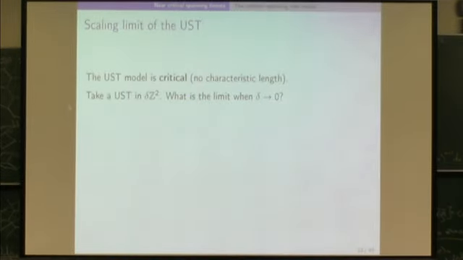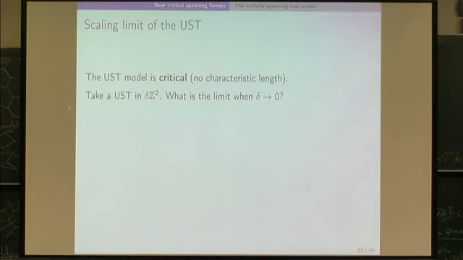Okay, so now we have a uniform spanning tree on some lattice, and we want to take a mesh size on this lattice and let the mesh size go to 0. Let me just say that the uniform spanning tree, even if it's not obvious because there is no parameter in the system, has the properties of a critical system. For example, there is no characteristic length for the uniform spanning tree model.